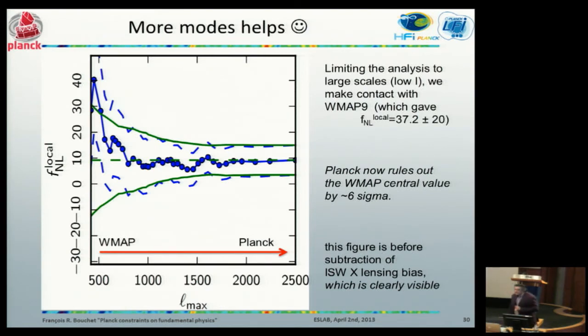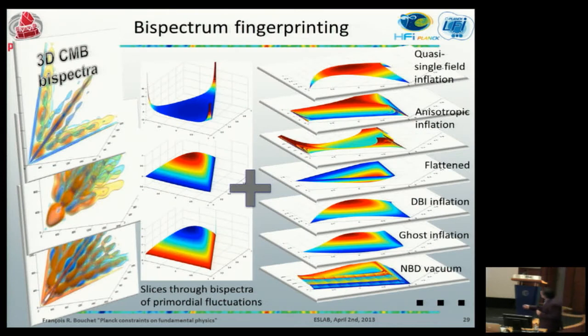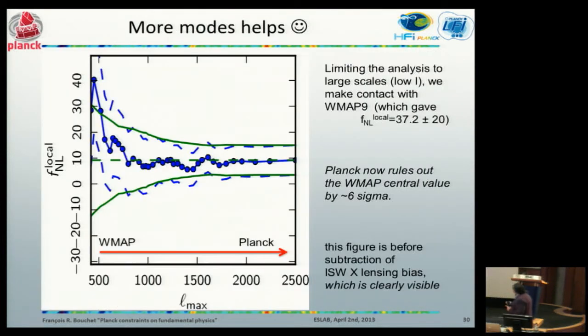One thing that is interesting is, so this local shape, let's take, for instance, this one. There is a parameter, which we'll call f_NL, which sets the overall amplitude of the pattern, right? I mean, one thing is to have the shape, but the other thing is to have the overall amplitude of it. And so when we're looking at a shape, we're putting constraints on or making a measurement of this overall amplitude, which is called f_NL for f nonlinear.